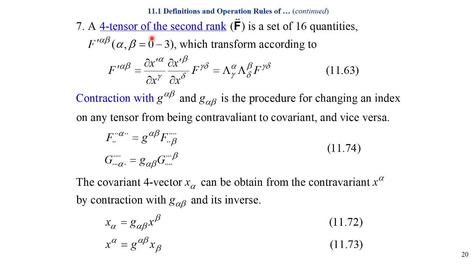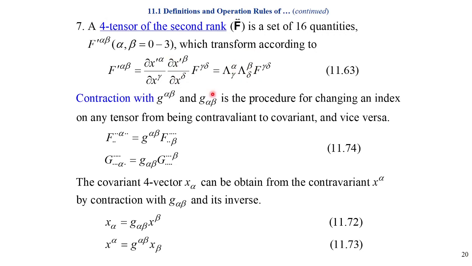For each component, we have gamma, which will transform in this way, and delta, which will transform in this way. This one gives us the Lorentz transformation alpha gamma. This one gives us another Lorentz transformation beta delta. So we have 2 Lorentz transformations, not just one.